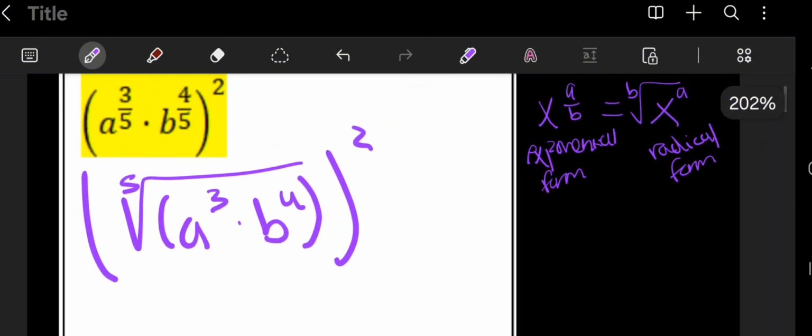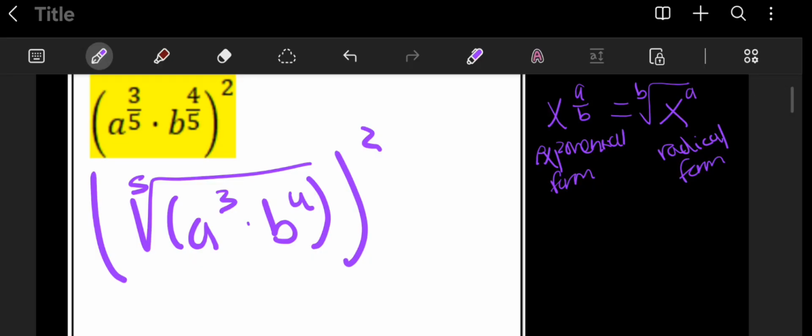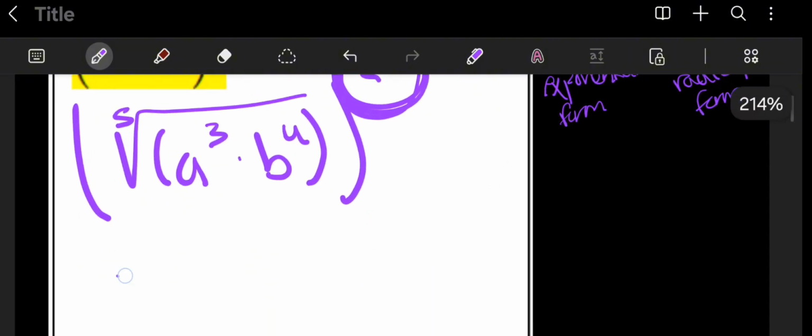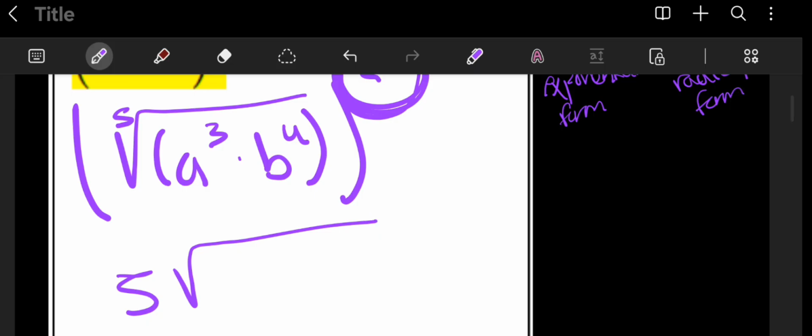Now, here's one more extra step. If you remember, right here, this is our exponent, right? So we can actually write that as saying the 5th root of a cubed times b to the 4th power.